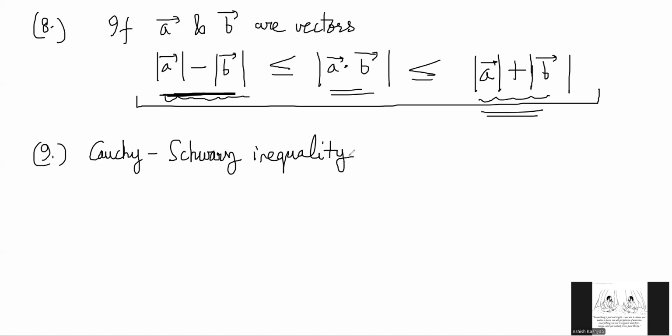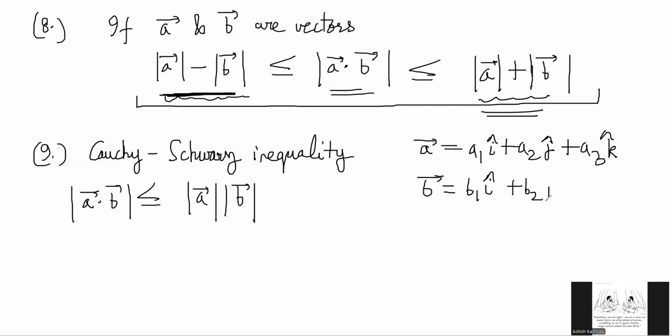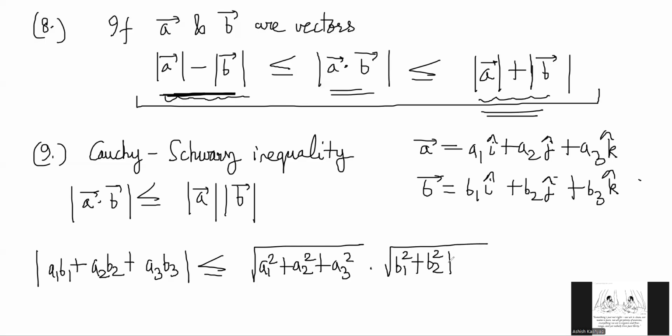Because we know that mod of A dot B is less than or equal to mod A mod B, if you write the vector A as A1 i cap plus A2 j cap plus A3 k cap, and vector B as B1 i cap plus B2 j cap plus B3 k cap, then putting the vector components together, you will get mod of A dot B, which is A1 B1 plus A2 B2 plus A3 B3, is less than or equal to mod of A, which is root over A1 square plus A2 square plus A3 square, times root over B1 square plus B2 square plus B3 square.